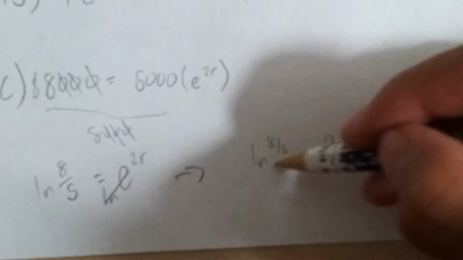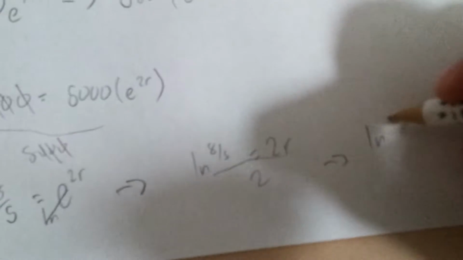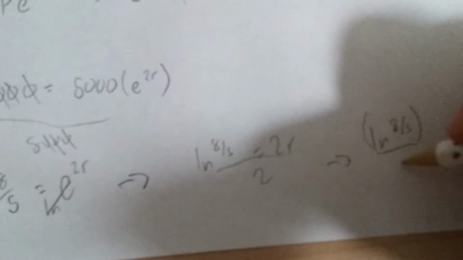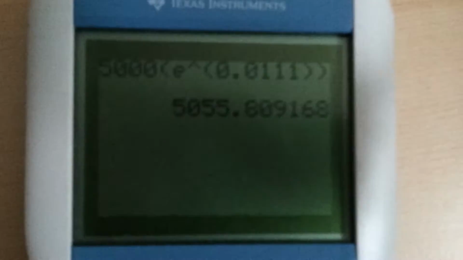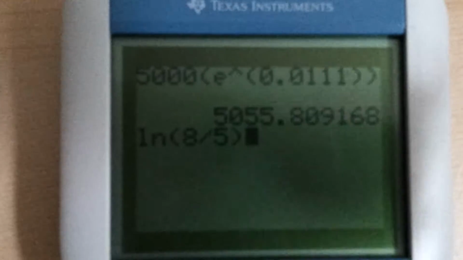Then we solve for r, so we divide everything by 2. So it'll be ln 8 over 5, over 2, which equals r. So r equals, plug into our calculator, ln of 8 divided by 5, divided by 2.